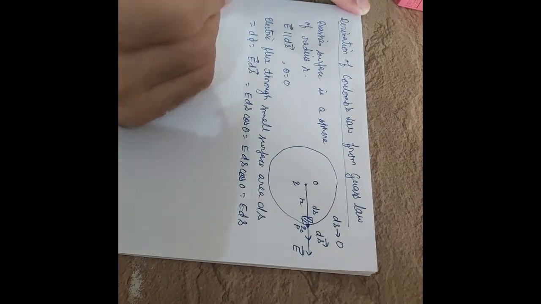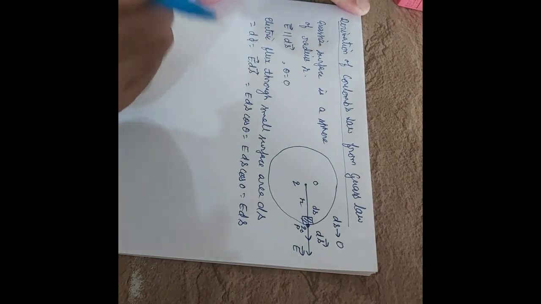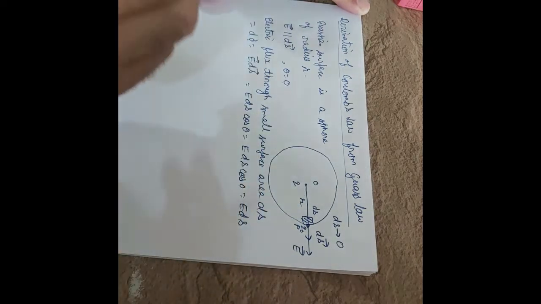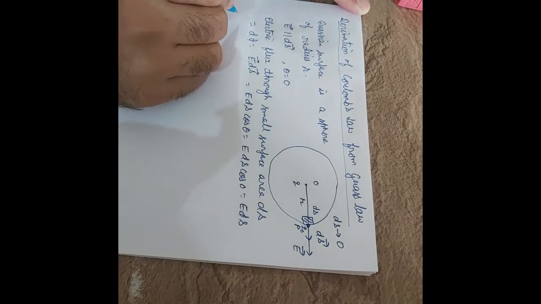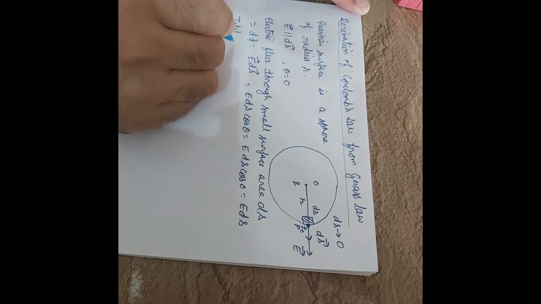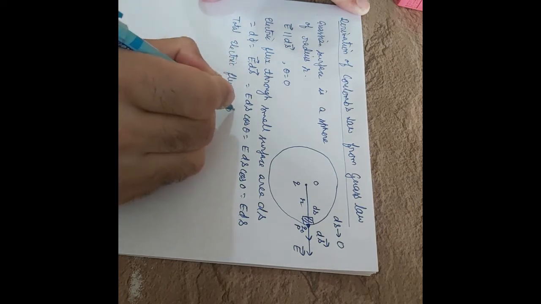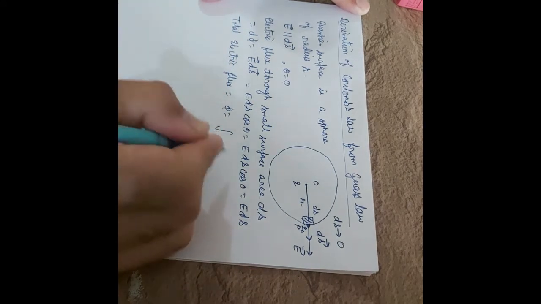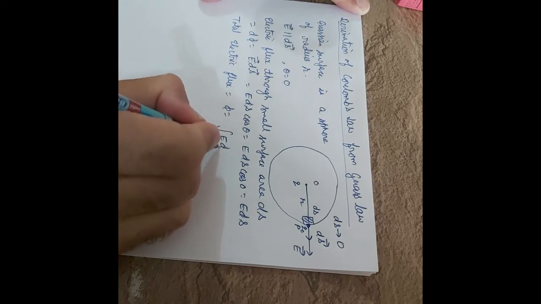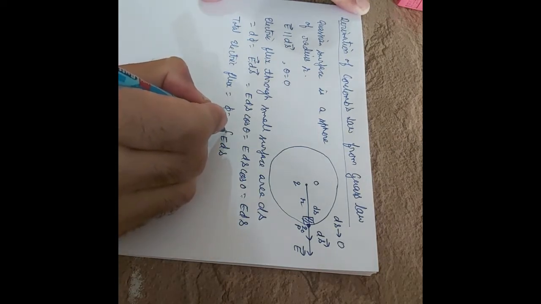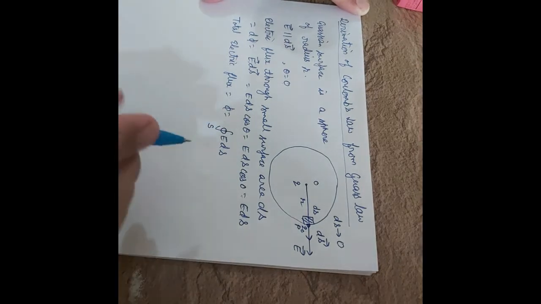Now, my target is to find the total electric field at this point Q naught. So what will the total electric flux phi be? It will be the integral of E ds, and the integration is done over this closed surface.